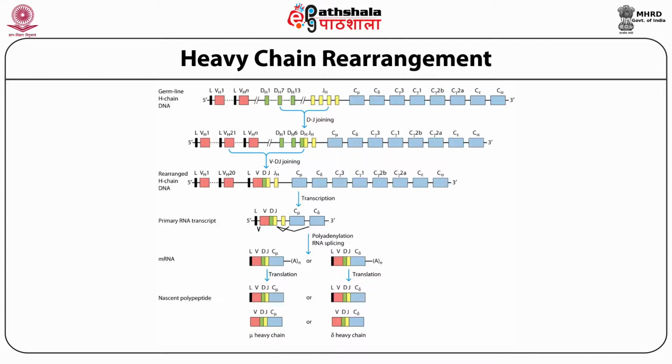One variable region combines with the joining segment and finally gives rise to the V heavy chain with diversity, and once the diversity gene segment is made, then it combines with the joining segment, and once the VDJ combination has taken place, it comes very close to the IgM molecule, which is constant region mu, and finally you get the final transcript. This final transcript finally gives rise to heavy chain. How this recombination takes place is a random selection.